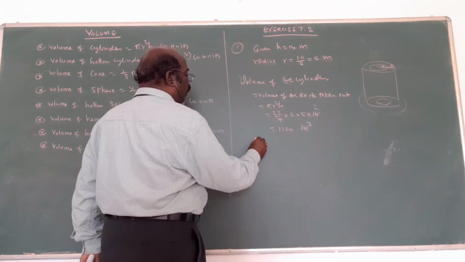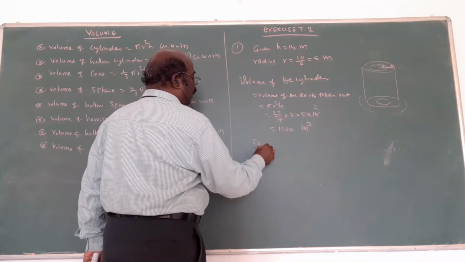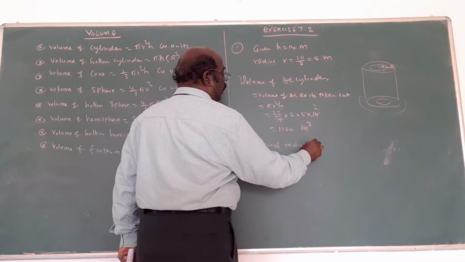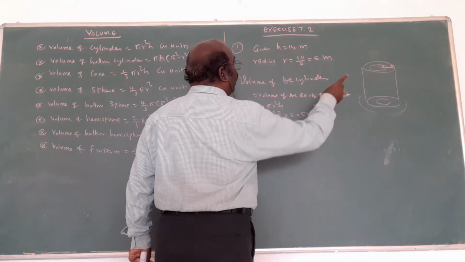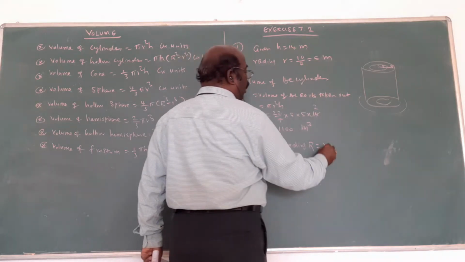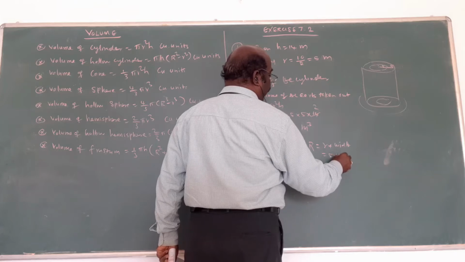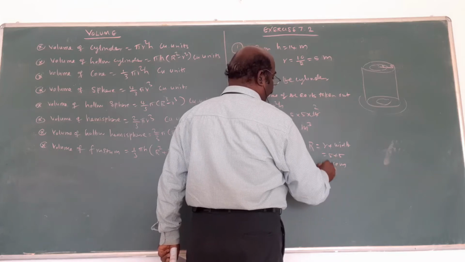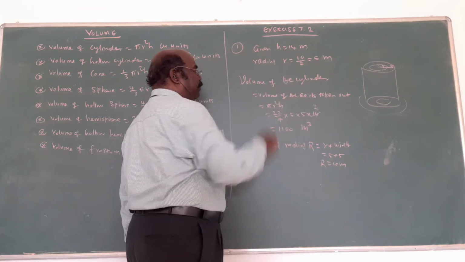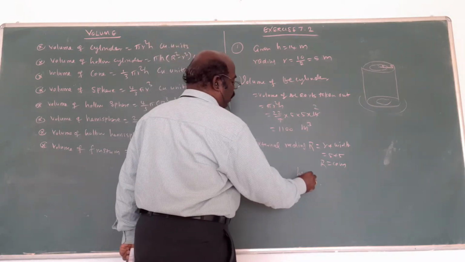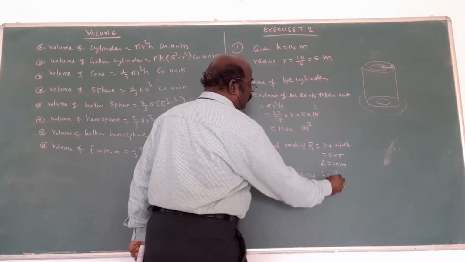Now, capital R is what? The external radius is the radius r plus width, that means 5 plus 5, 10 meter. Now what is being asked? H is being asked.